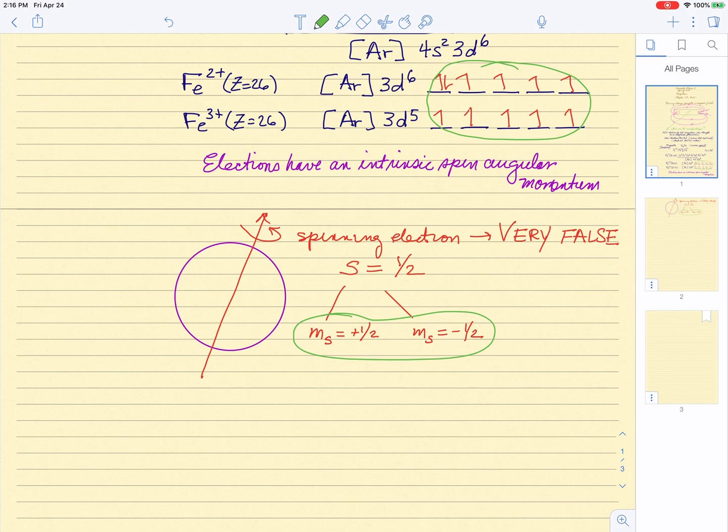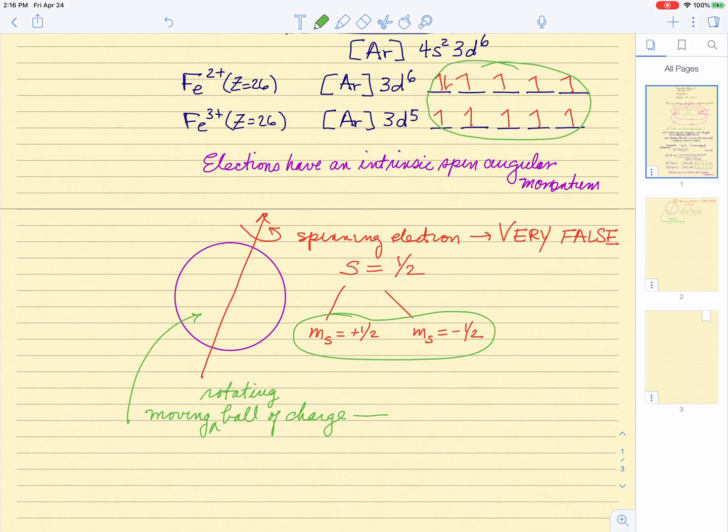So we think of the electron now as a moving ball of charge, a moving or rotating ball of charge. So there's your moving charge. It's not really rotating, okay? And it does have an angular momentum.